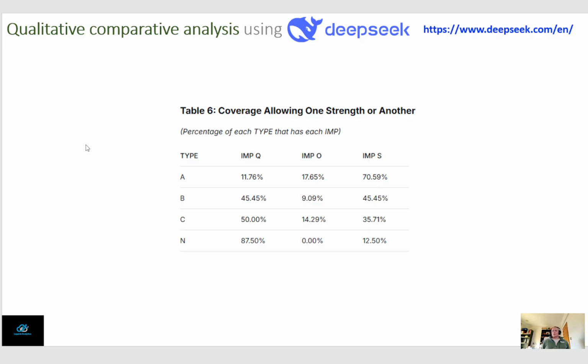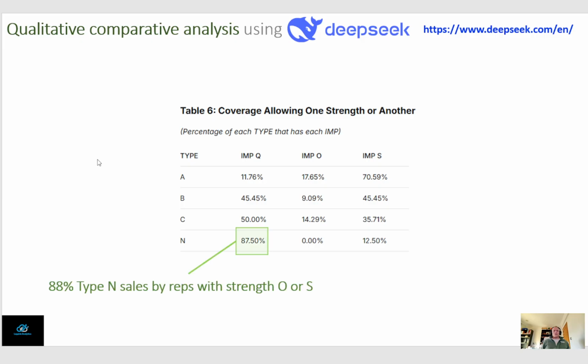Table 6, coverage allowing one strength or another, because again, an area of improvement Q means that the strength is either O or S for these people, for instance. Do you see any interesting numbers in this table at all?